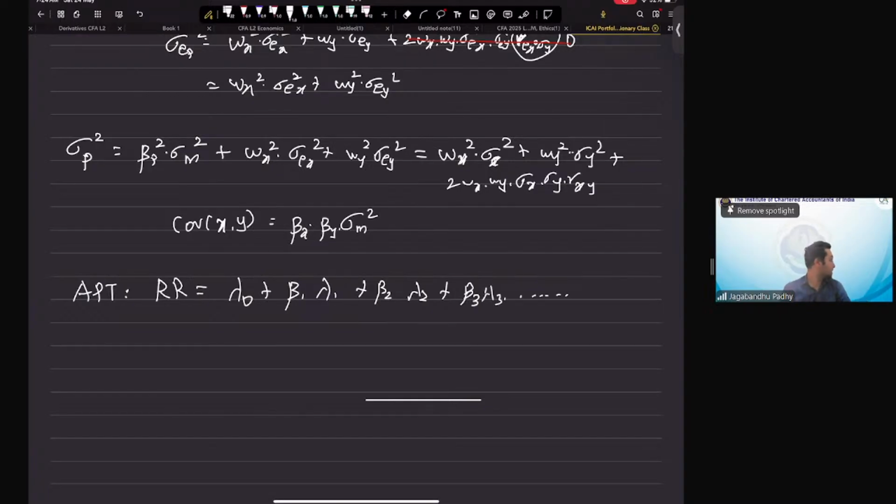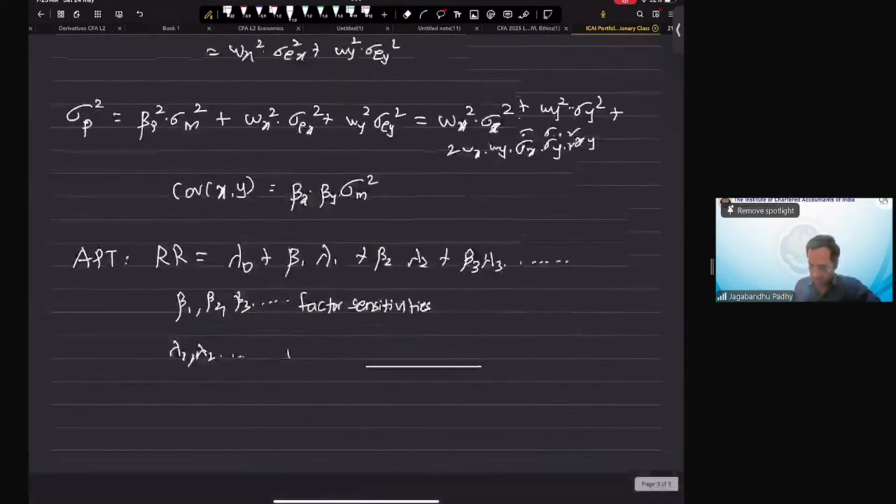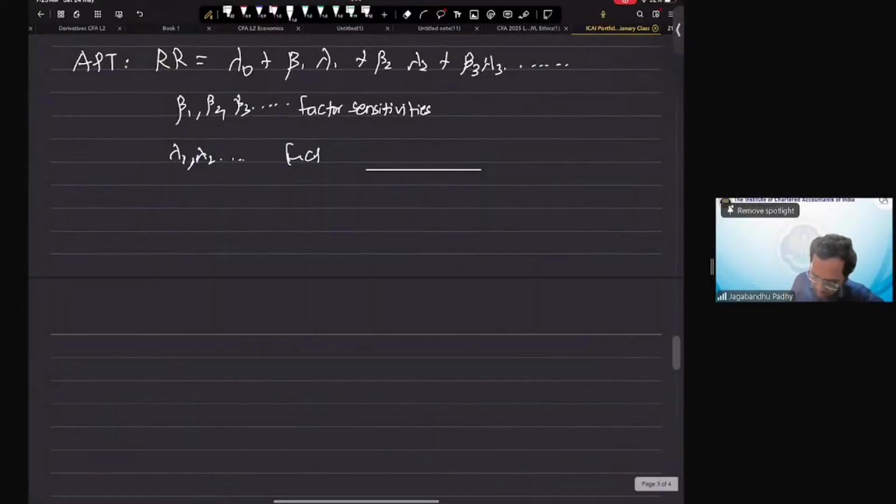Here beta 1, beta 2, beta 3 are the factor sensitivities, and lambda 1, lambda 2 are the factor risk premiums.